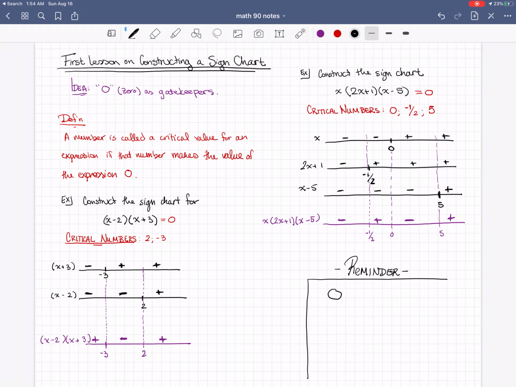If you take 2 positive numbers and you multiply them together, you end up with a positive number. If you take 2 negative numbers and you multiply them together, you get a positive number. And if you take 2 numbers of opposite signs and you multiply them together, you get a negative number back. So this is something we used extensively in these 2 examples, but I figure it doesn't hurt to actually have it written out.